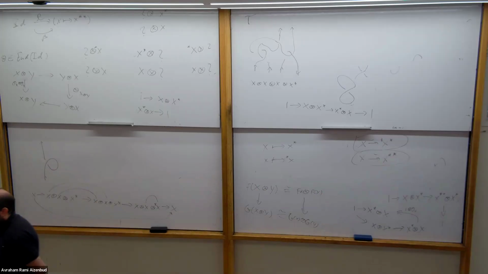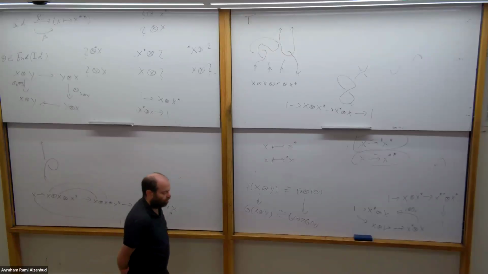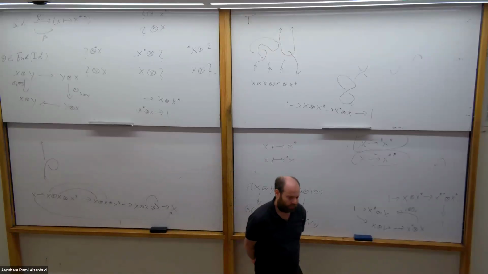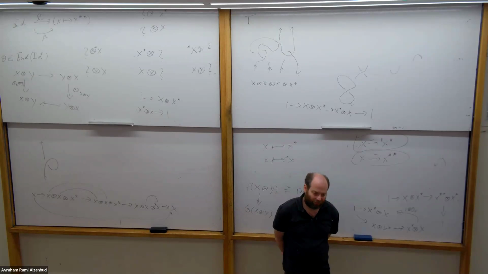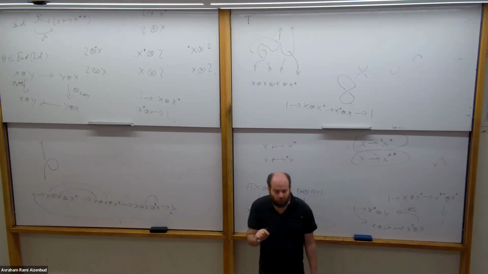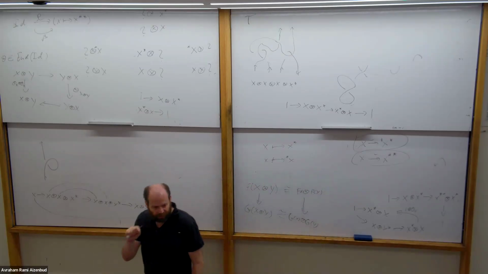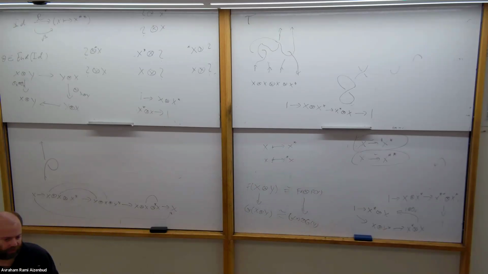So if you want to make a correct statement, the correct statement will be like this: that the category of tangles is a free rigid monoidal braided ribbon category generated by one object on which the twist is identical.